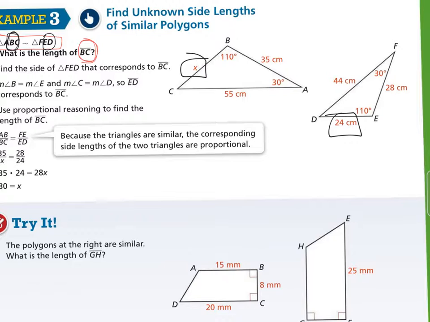So I'm going to do this a little bit differently than what the book's doing. I'm going to say that X matches up with 24. By the way, what we're doing here is a proportion, because if the triangles are similar, the sides are proportional to each other, as we talked about.